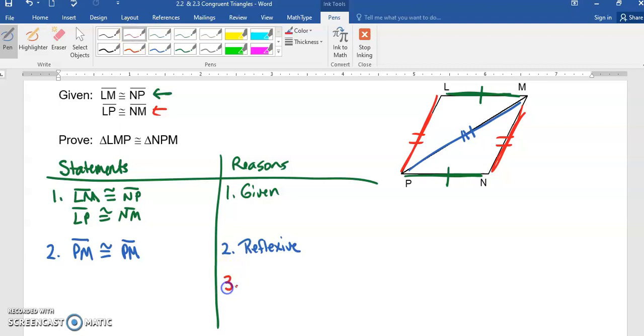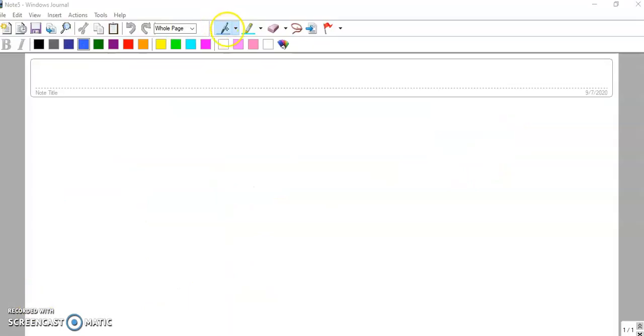And I can look in the picture and see side, side, side. So triangle LMP, might as well just write it the way it's written up here, is congruent to triangle NPM. Side, side, side.